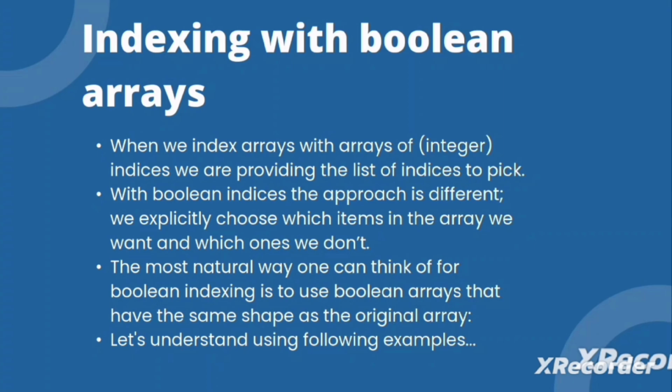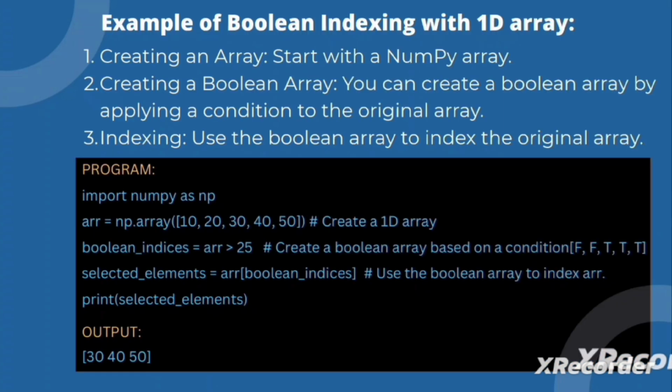The most natural way one can think of for boolean indexing is to use a boolean array that has the same shape as the original array. Let's understand using an example. Boolean indexing with a 1D array requires only 3 steps, in which first is creating an array, second is creating a boolean array by applying a condition to the original array, and third is indexing.